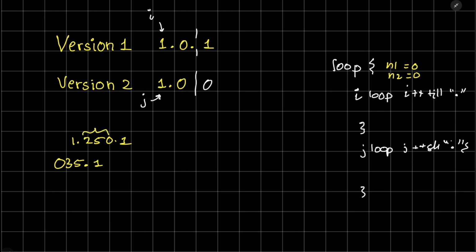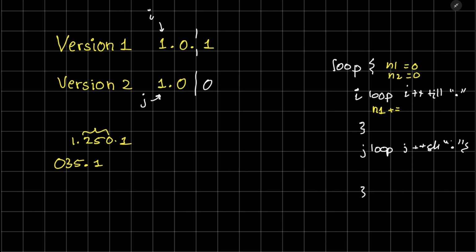How are we going to calculate this 250? In the i loop, let's say we are at here now, so we will add this number to our n1, but we also need to make sure that we are counting the places, that is the ones, tens, and so on of the digits.